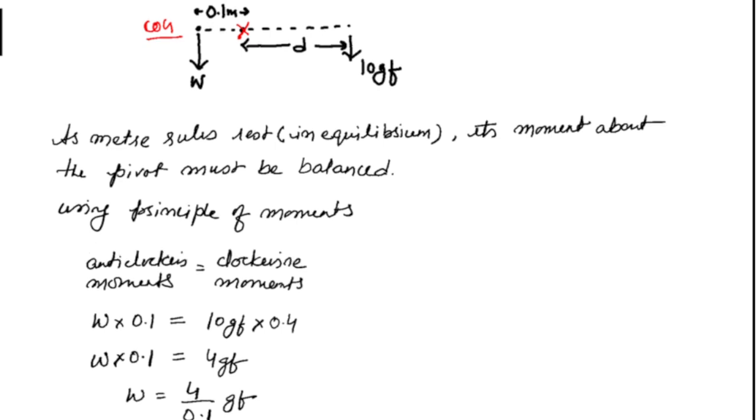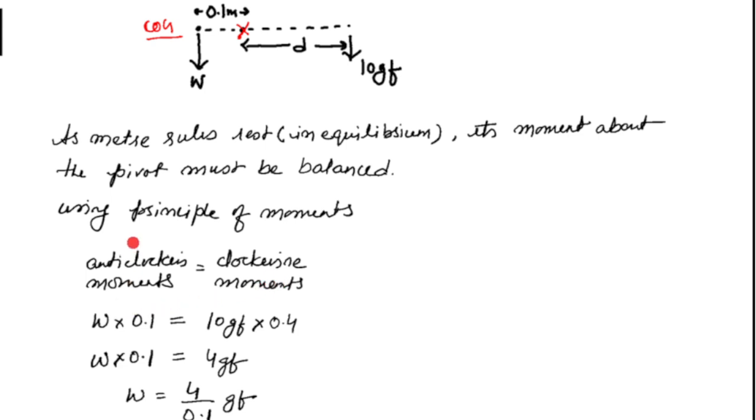Now, as the meter rule is at rest or in equilibrium, its moments about its pivot must be balanced. One side will be the weight of the ruler and the other side will be the 10 gram. The pivot must be balanced using the principle of moments. We can say anti-clockwise moments will be equal to clockwise moments.